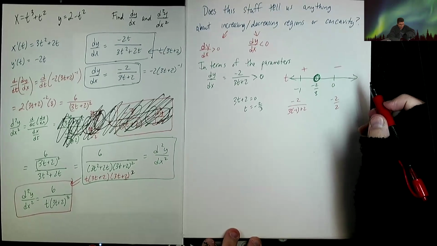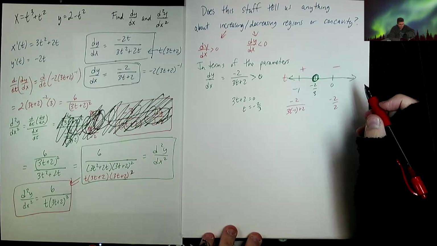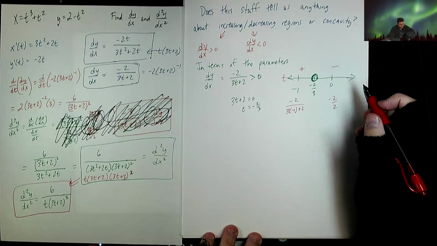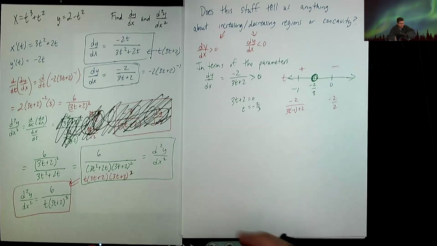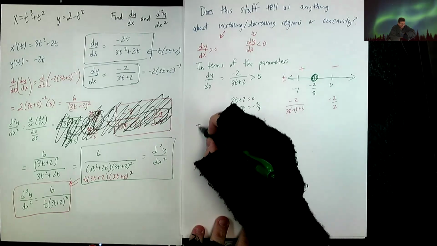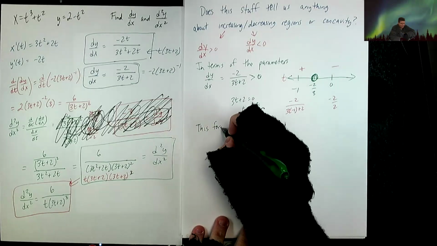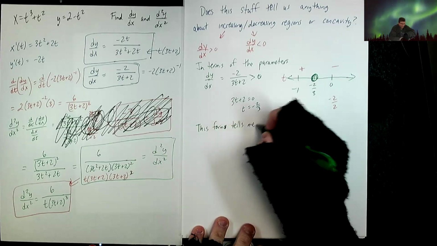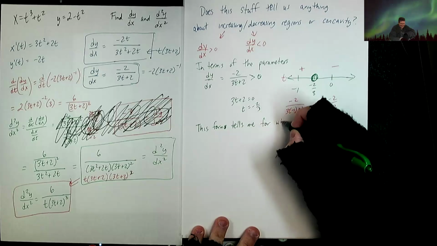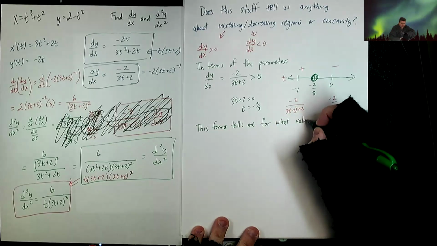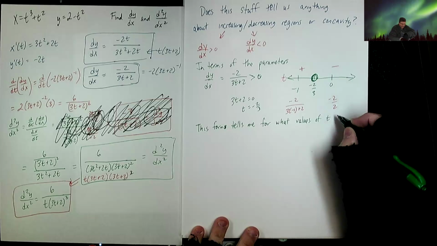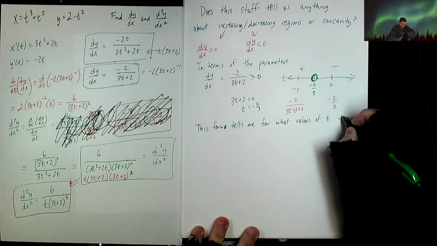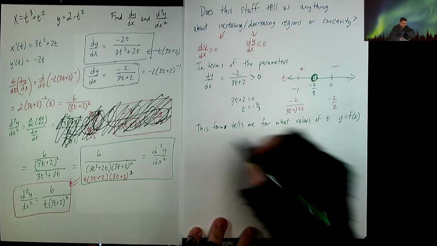So what is it telling me? This form tells me for what values of t y equals f of x is increasing or decreasing.